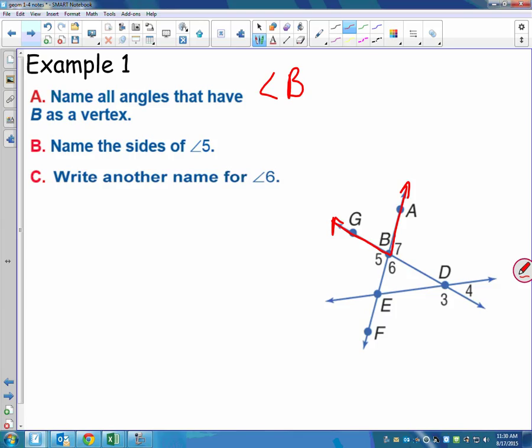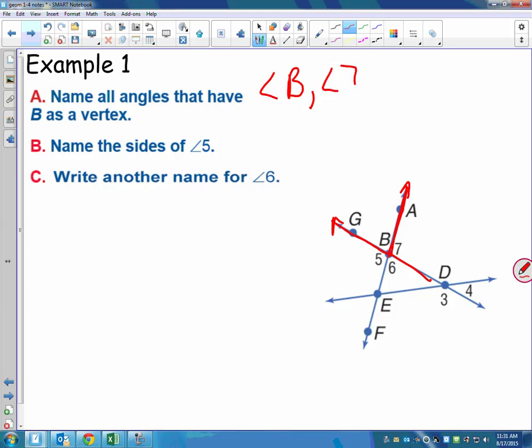Can someone give me another angle that has a vertex of angle B? Or is there another one? Audrey? Would angle 7 have a vertex at B? Yeah, we could also call it angle 7. Sure.